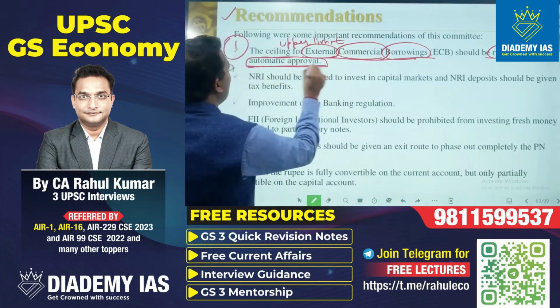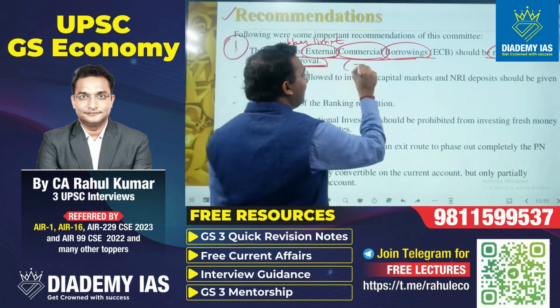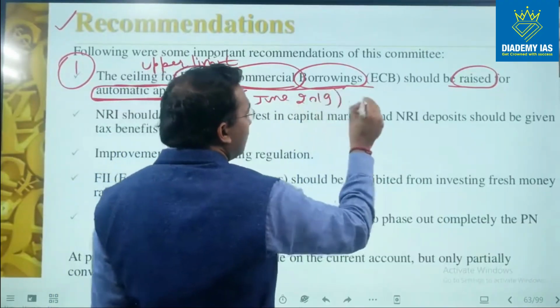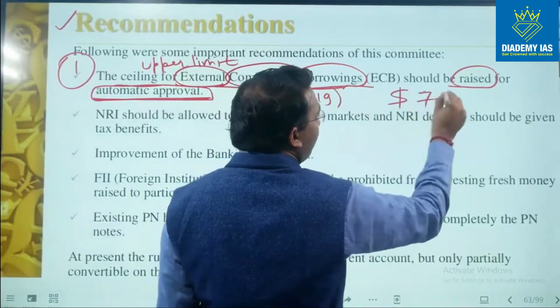Under the automatic approval route, in June 2019, this limit was raised to US dollar 750 million.